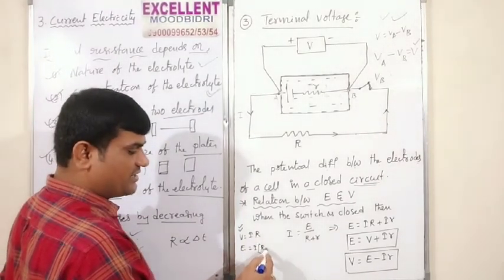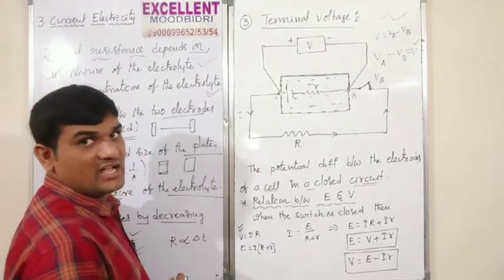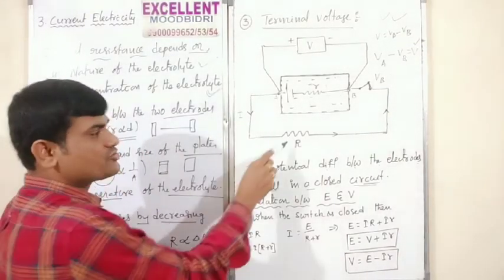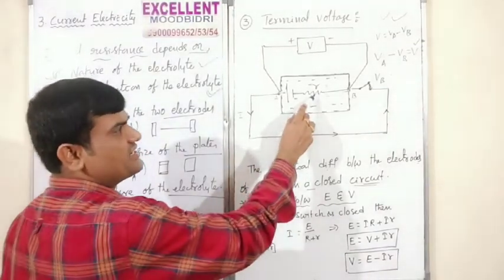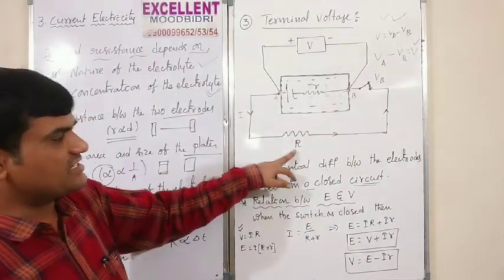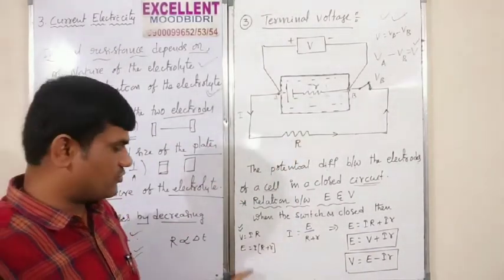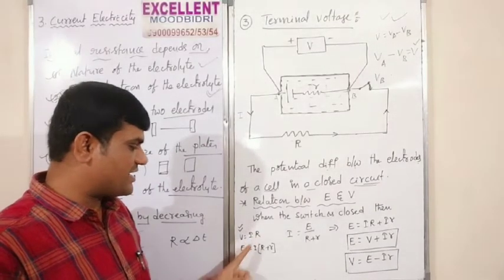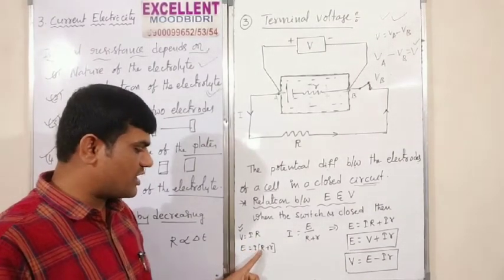How much will be there? R plus r, series combination only. This is the external resistance and this is the internal resistance. Therefore E is equal to I into (R plus r).